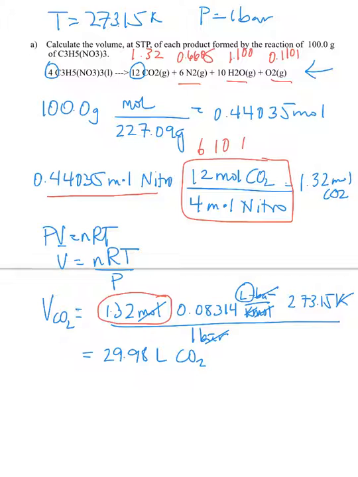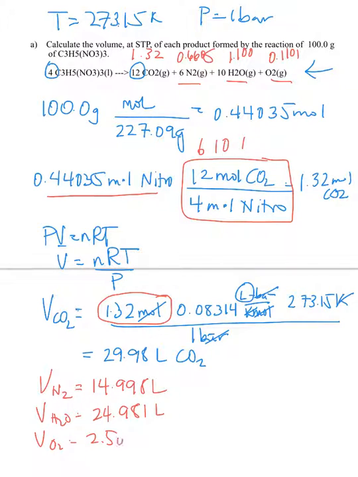And if I do that, I get that the volume of nitrogen is 14.998 liters, the volume of water is 24.981 liters, and the volume of oxygen is 2.500 liters.